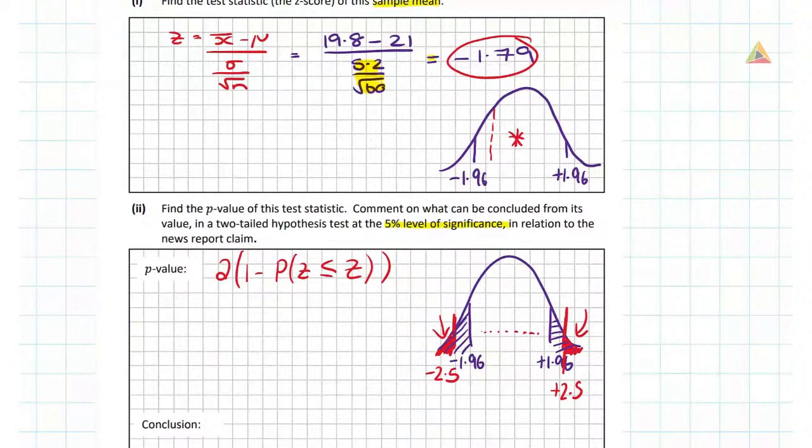So in this case, that's going to be 2 times 1 minus the probability that z is less than or equal to this value that we found up here, but we always take the positive of it because our log tables, pages 36 and 37, only deal with positive z values. Okay, so that's our formula for p-values, and that is one that needs to be remembered because it's not in your log tables. This part, we can look up straight from our log tables.